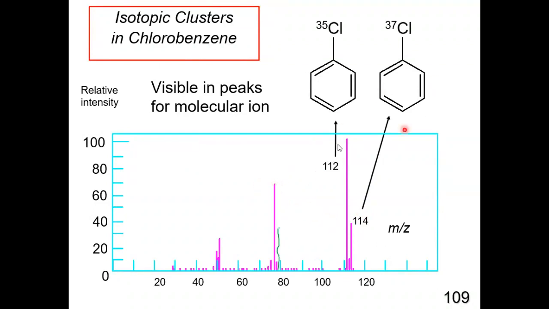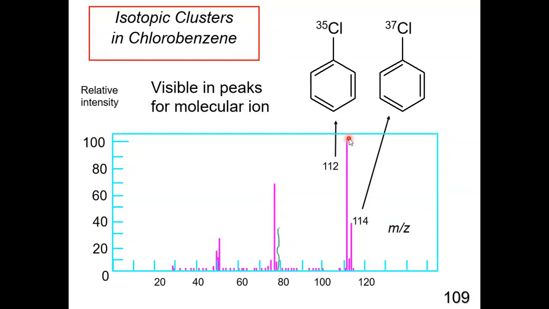Like here, this is a mass spectrum of chlorobenzene. Okay. So the base peak here has a mass-to-charge ratio of 112, and we assign it to the molecular ion.